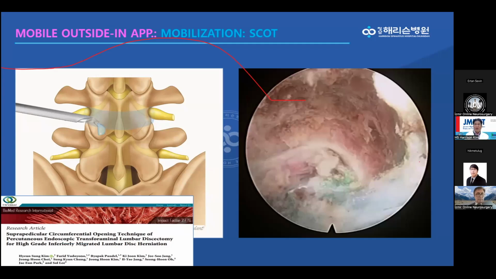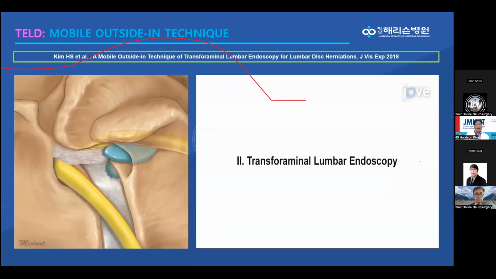Sometimes in the vertebral drilling, some may be needed. Then, knowing this, foraminal root approach is possible, intervertebral root approach is possible, and suprapedicular root approach is possible. Then the mobile outside-in technique really becomes possible.